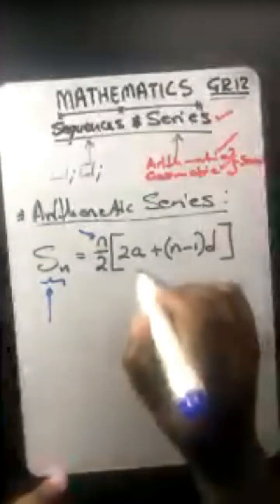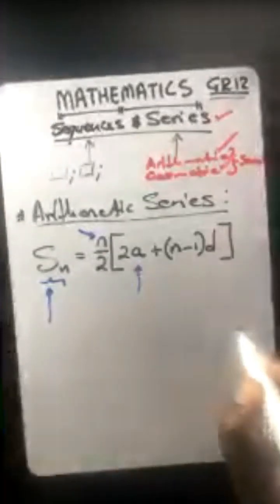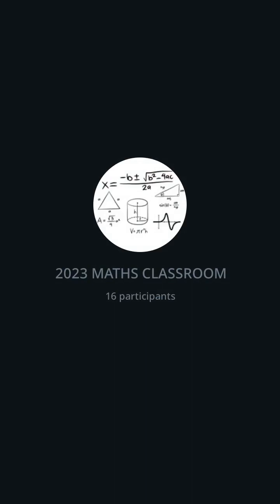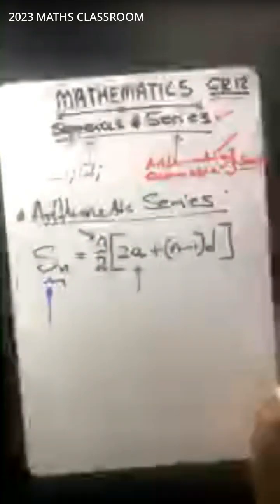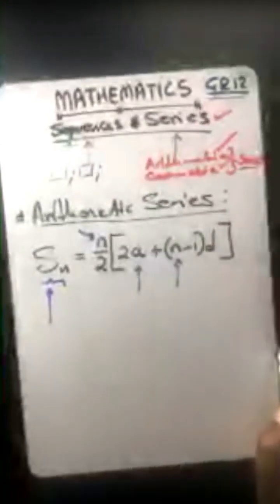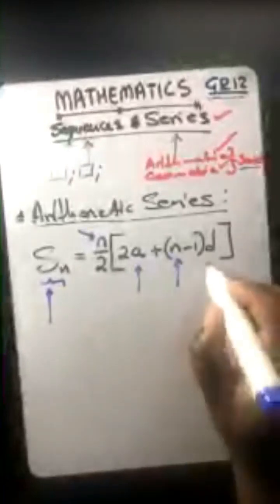And then obviously a, we know it is the first term of the series. So we no longer talk number pattern or sequence, but we talk about a series now. And then n, we can still refer to as the number, and then d being the difference.